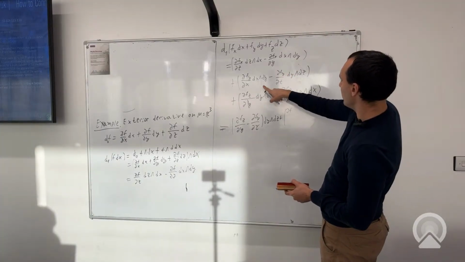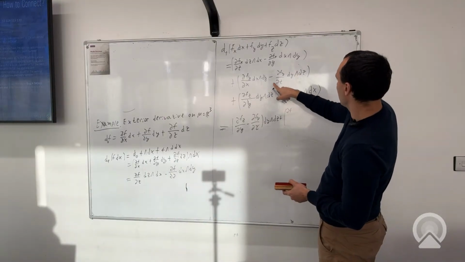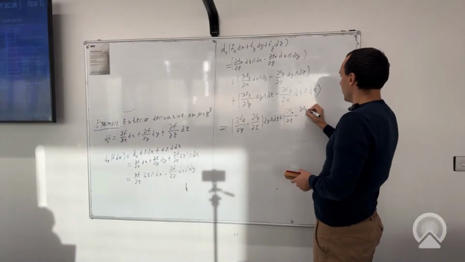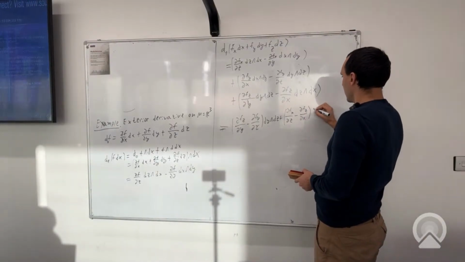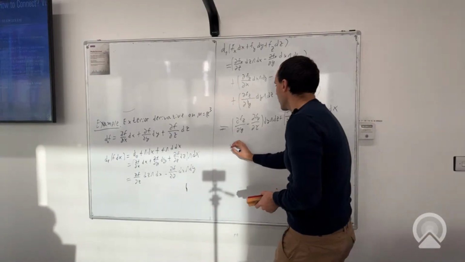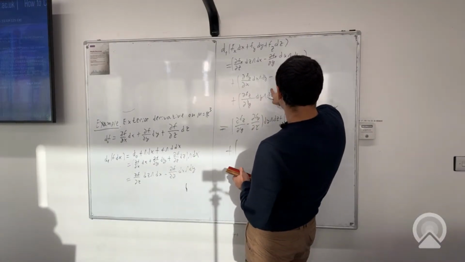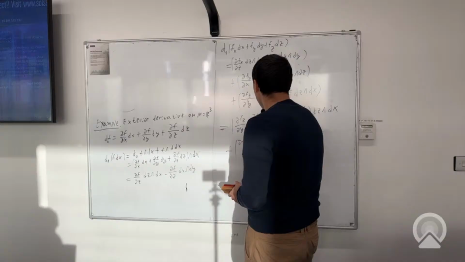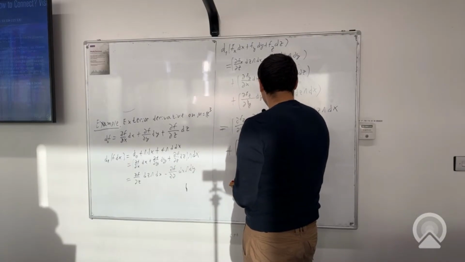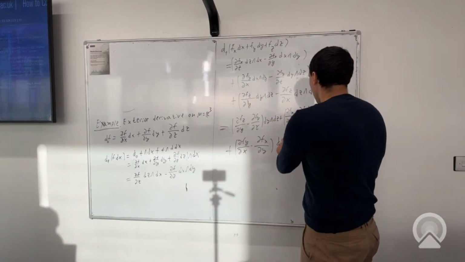So I have partial fx partial z minus partial fz partial x, dz wedge dx, plus I have dx wedge dy: partial fy partial x minus partial fx partial y, dx wedge dy.